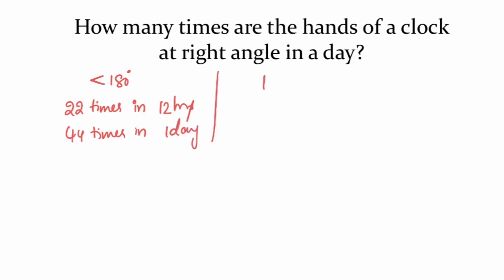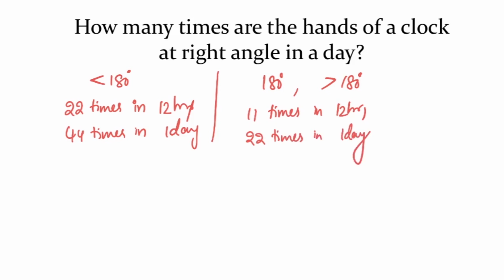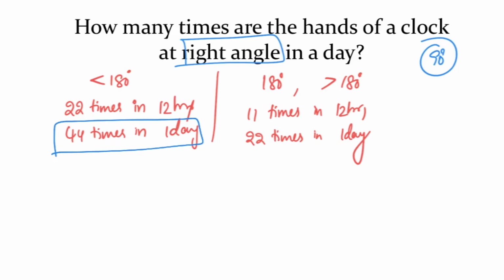When the angle is 180 degrees or more than 180 degrees, that happens 11 times in 12 hours and 22 times in 1 day. So for this problem, the problem is about 90 degrees, which is less than 180. So in 1 day it happens 44 times. Answer is 44 times.